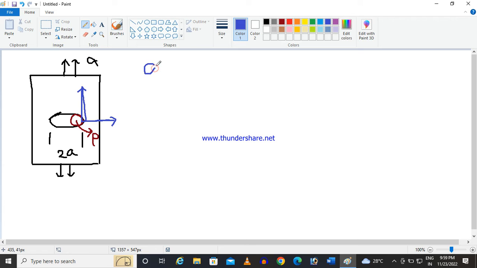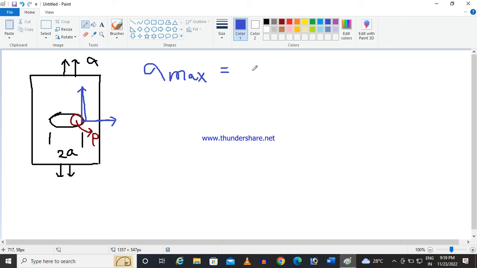So this maximum stress, sigma max, which is given by, it's very basic things I am telling, because I studied these things. I can remember during my third semester I studied the strength of materials by Timoshenko.